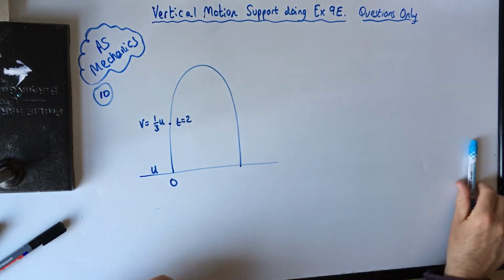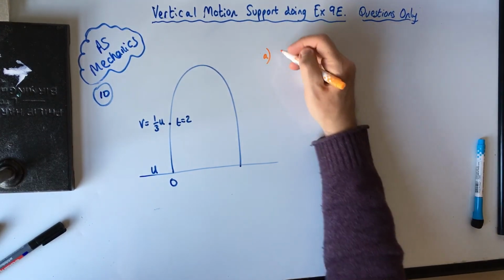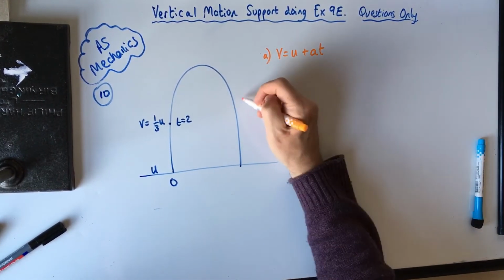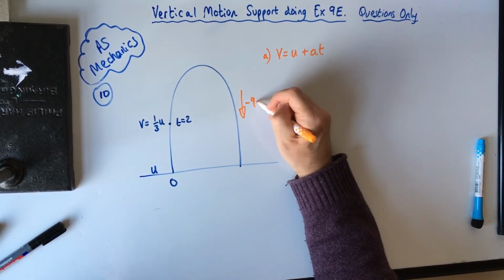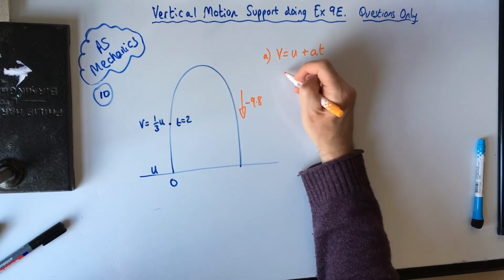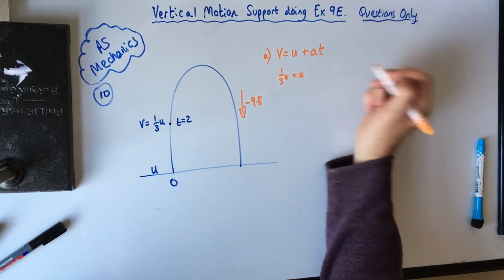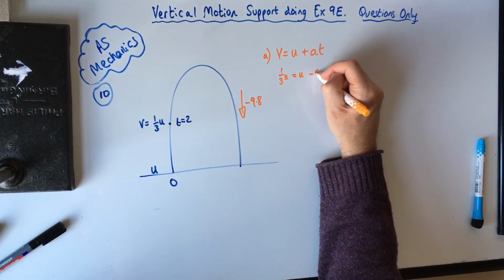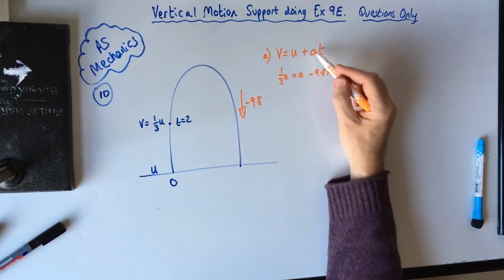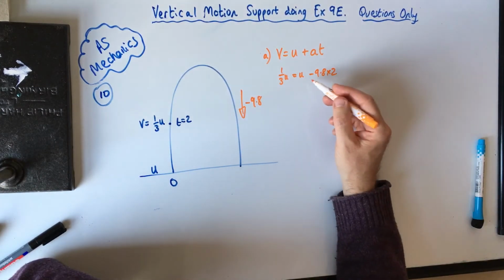So let's find the value of u. If we just use v equals u plus at, we know up is positive, so acceleration is minus 9.8. The velocity at this point is a third of u, when the initial velocity was u, minus 9.8 times 2. Minus 9.8 is the acceleration, t is 2, and then you can see we've got everything that we need.